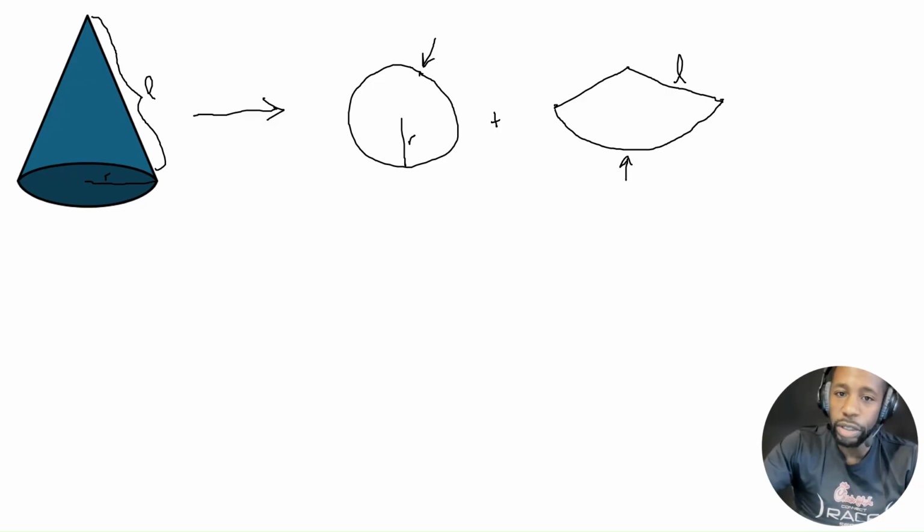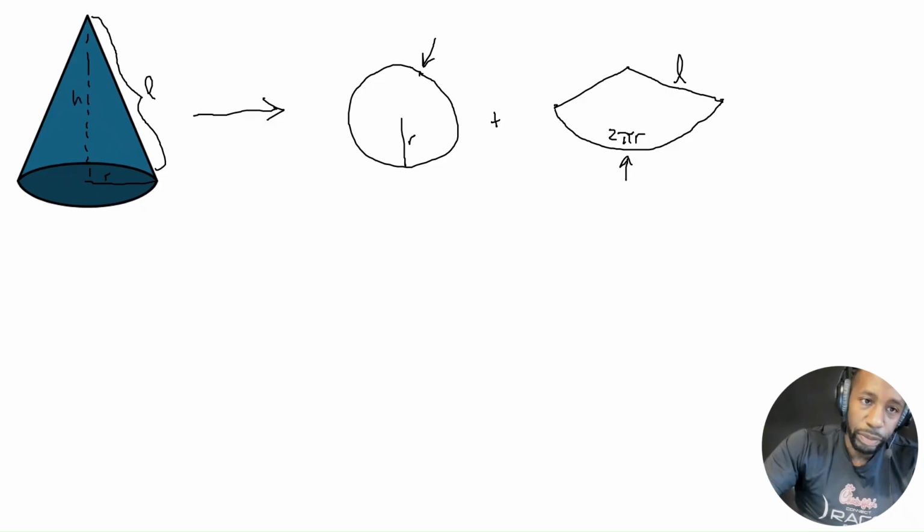So the length here is going to be 2 pi and the radius of that circle. Length, if you keep in mind that this cone has a height, this is a right triangle. You can use Pythagorean theorem to find what the length is. So the length is equal to the square root of the radius squared plus the height squared.